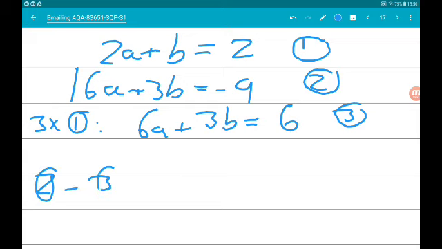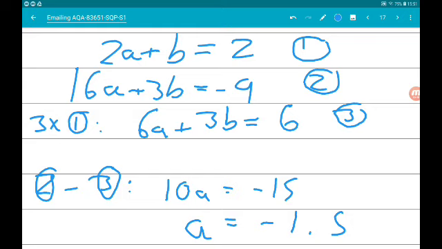Okay, so now I'm going to do equation 2 minus equation 3, and that's going to give us 10a is equal to minus 9 minus 6. It's going to give us minus 15. So after all this work, they're not even giving us nice numbers. So a is minus 1.5.